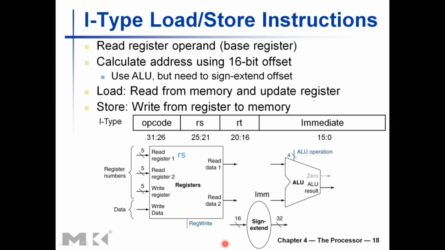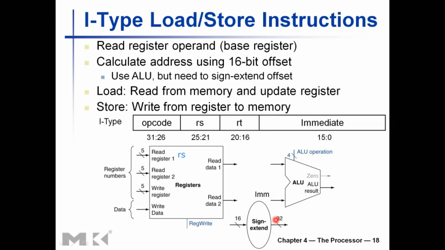So you take the 16-bit immediate value, perform the sign extension, replicate the sign bit in the remaining most significant bits, and provide the 32-bit sign extended immediate value into the ALU. So you are adding a 32-bit value to a 32-bit value. Otherwise, you can create errors. You can create problems if you try to add a 16-bit value to a 32-bit value if you don't align it properly.